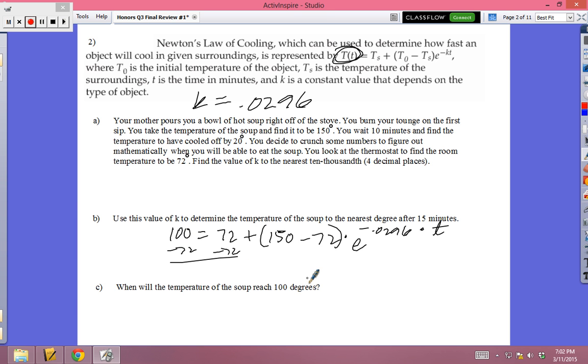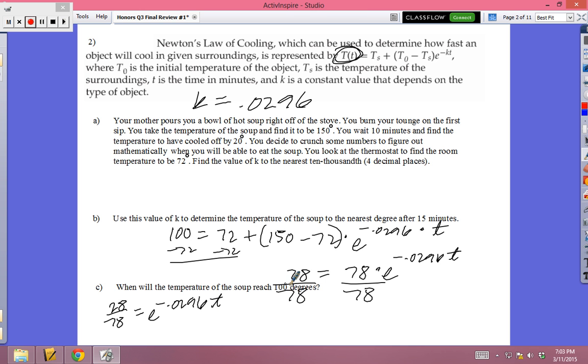So you're going to have 28 is equal to 150 minus 72, which is 78, times e to the negative 0.0296 T. So let's undo this 78. Divide by 78. Divide by 78. So 28 over 78 is equal to e to the negative 0.0296 T.